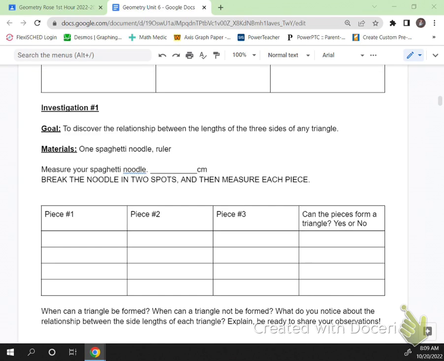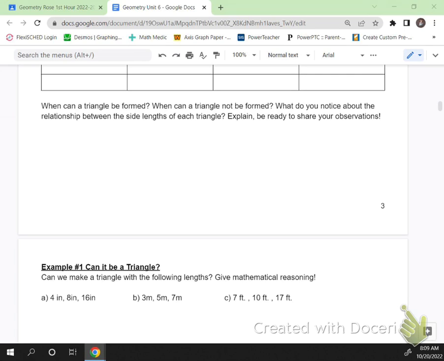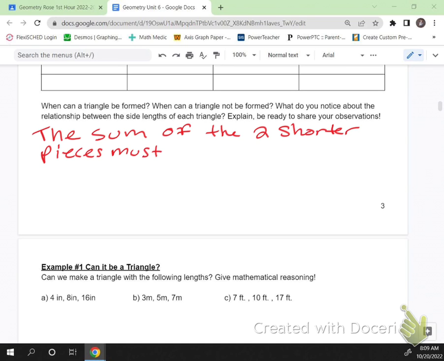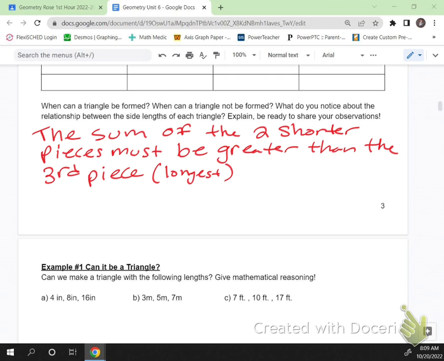The difference between these sides and when a triangle can be formed and not formed: the sum of the 2 shorter pieces must be greater than the 3rd piece. It's also the longest piece to form a triangle. So if the sum of the 2 smaller sides is less than your 3rd side, it will not make a triangle.